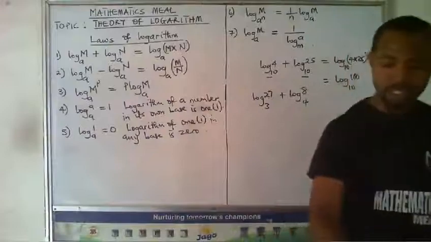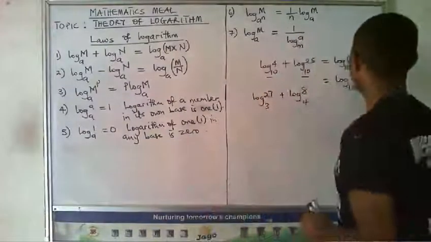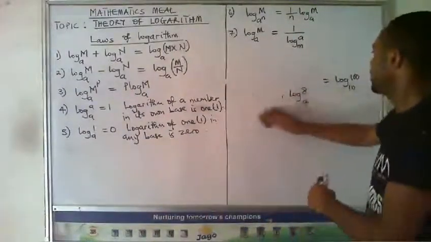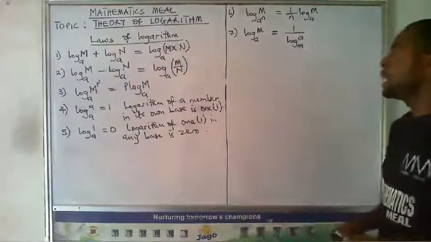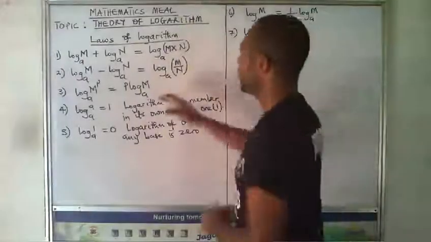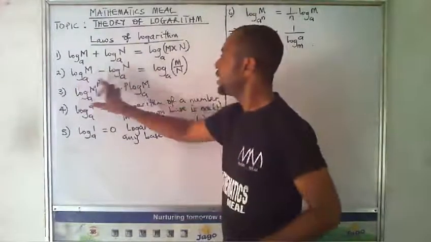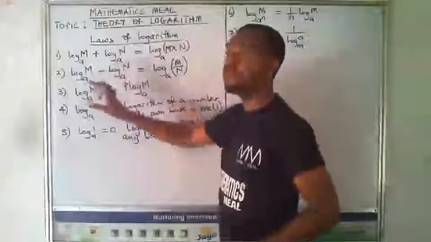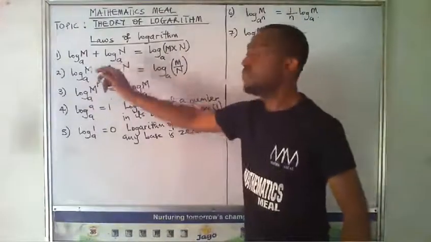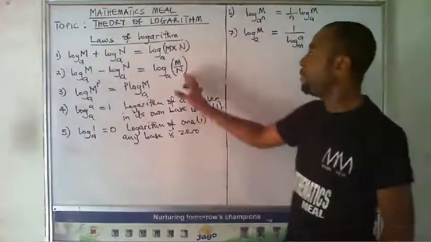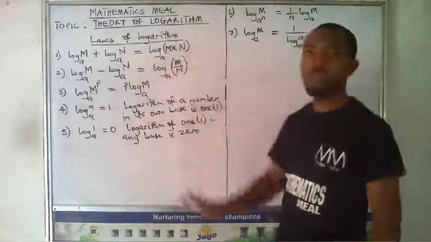Now the same thing similarly applies to the second law. We are still going to apply these laws in solving problems. In the second law, when the operation is subtraction and the logarithms are of the same base, what we do is use the second number to divide the first number and place them in their common logarithm.